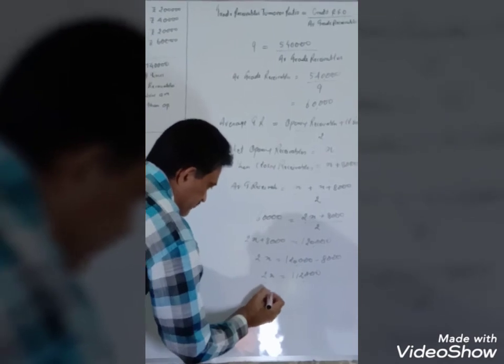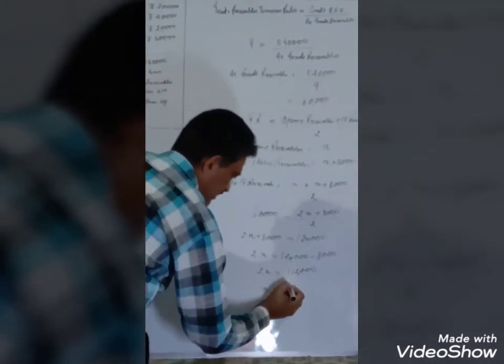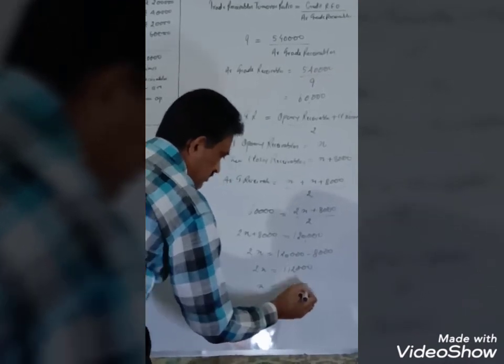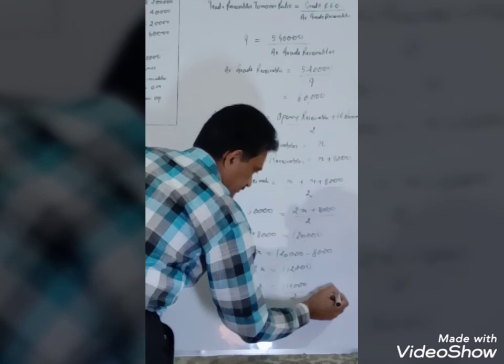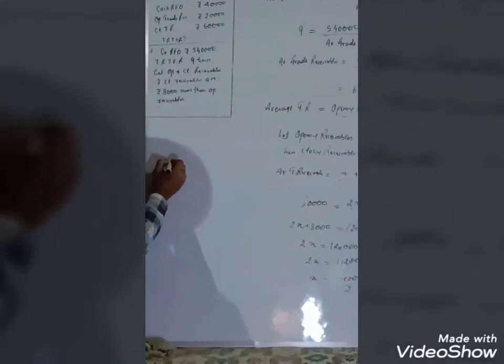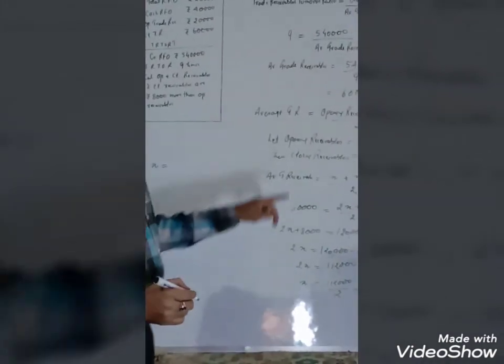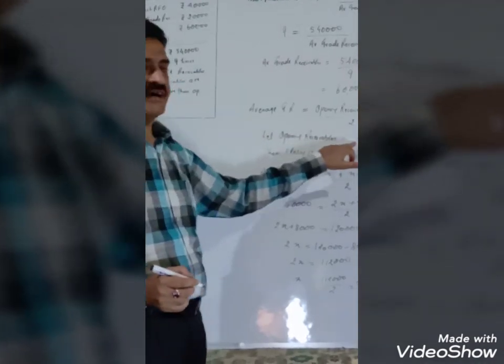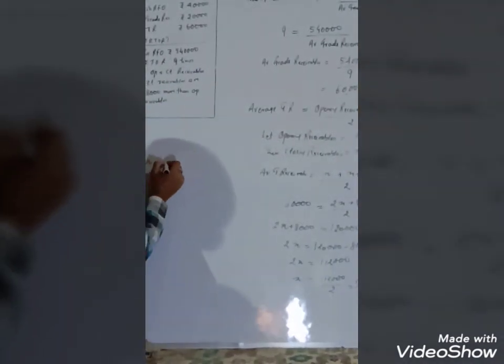The value of X will be 1,12,000 divided by 2. This is 56,000. X is what? We had let opening receivables be equal to X. So opening receivables is equal to 56,000.